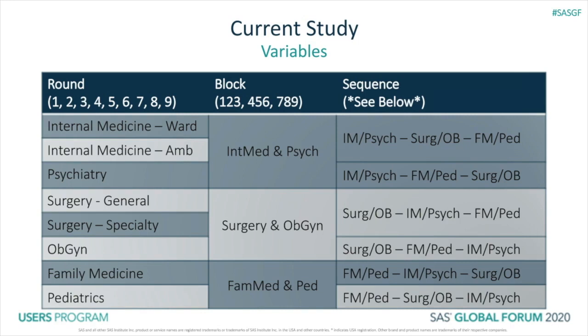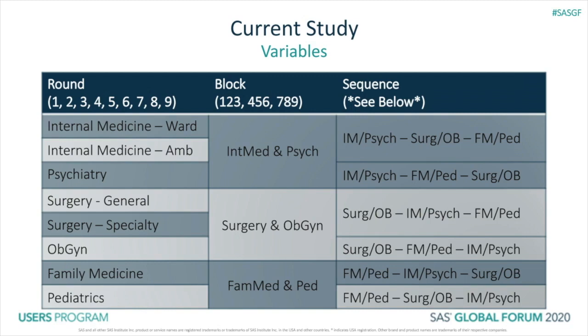So when I looked at the values for each of those variables, I got one of those numbers. The next column, the middle column, is block. The clerkships themselves are actually paired. Internal medicine and psychiatry are together. Surgery and obstetrics and gynecology are together. Family medicine and pediatrics are together.